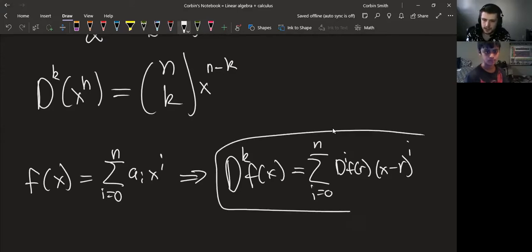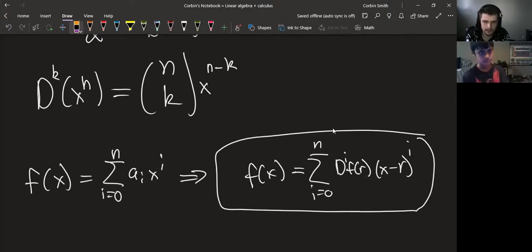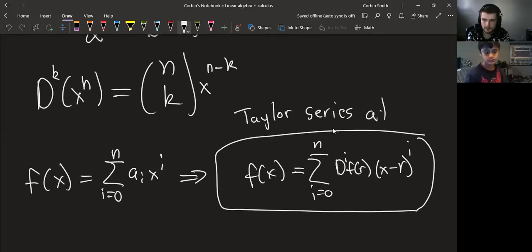And this is called the, oh, wait. No. We just want this one. No kth derivative. This one. This is called the Taylor series at r. Yeah. So the Taylor series at r.